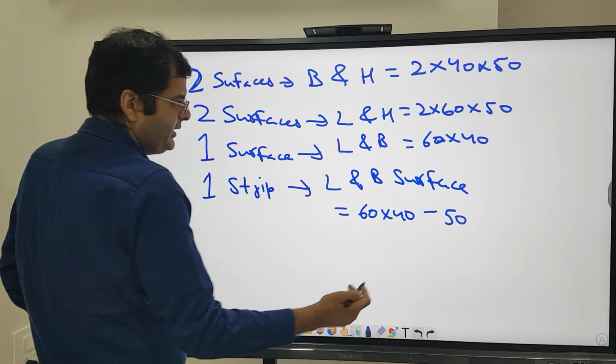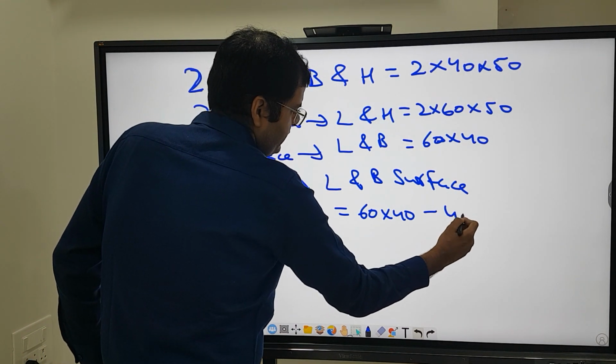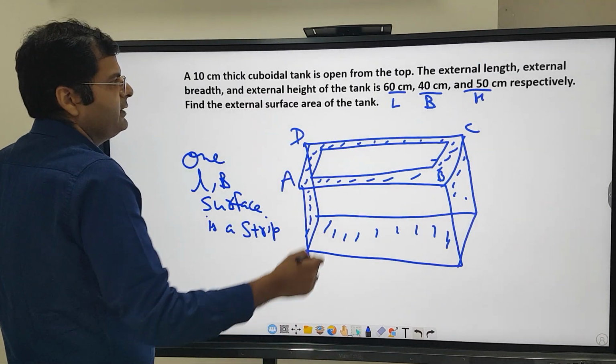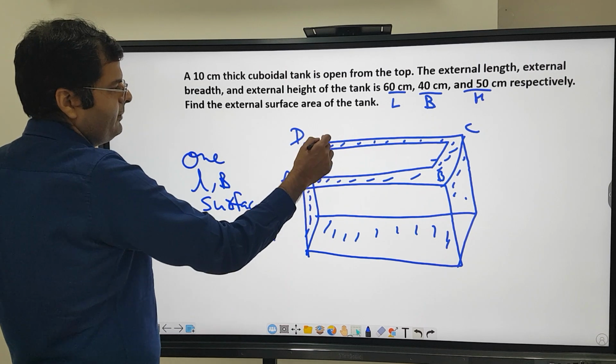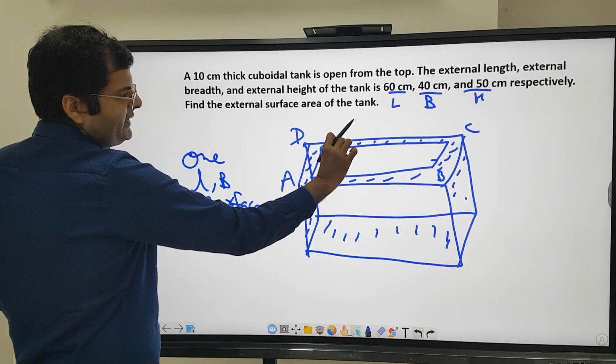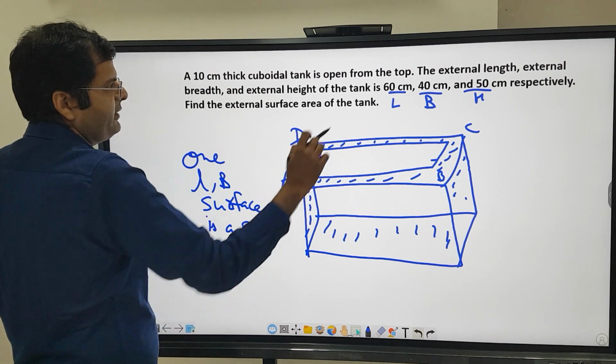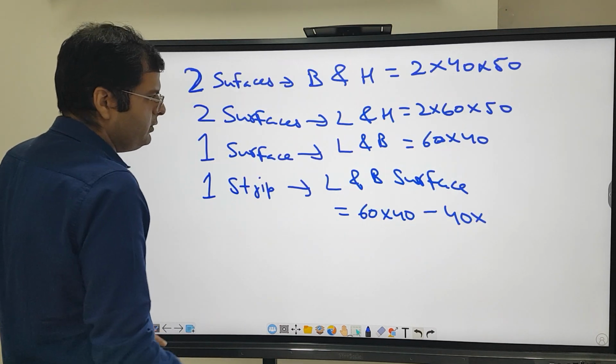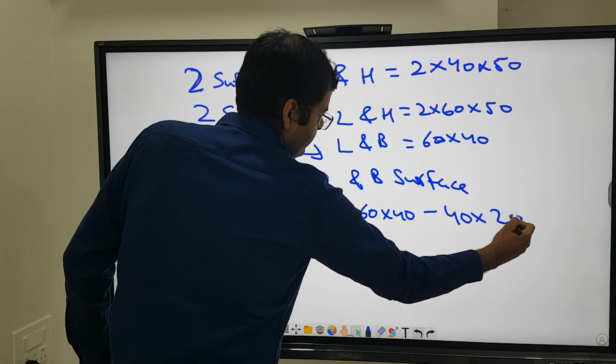And internal breadth is 40 minus 20, which leaves 20.